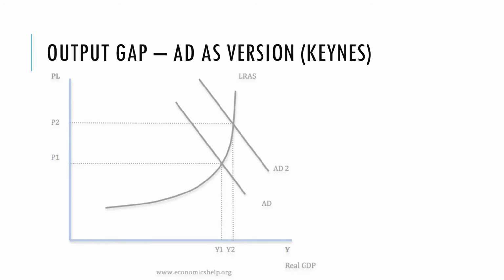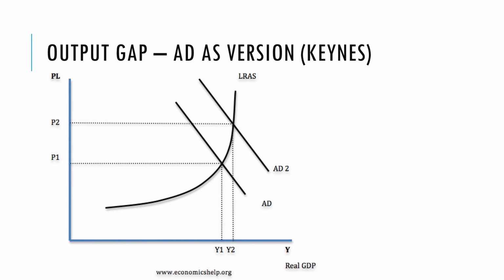We can also illustrate output gaps using the Keynesian long-run aggregate supply curve. So here we can see a negative output gap where Y1 level of output is less than Y2, which is the long-run maximum level of output.